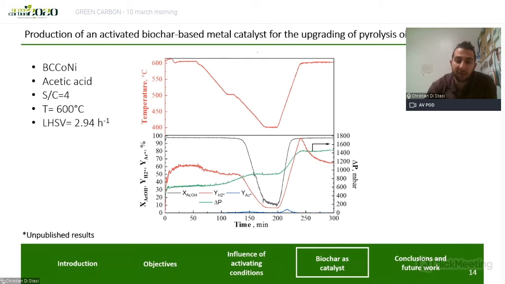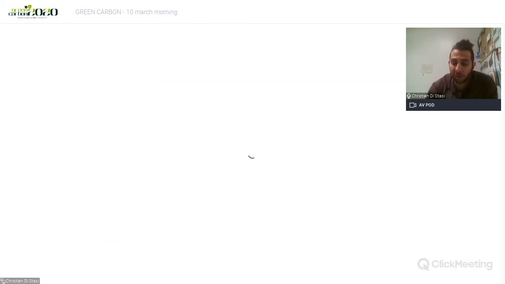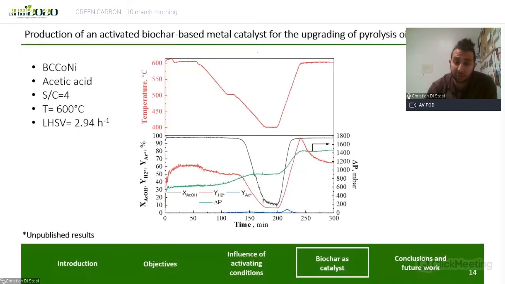But it's noticeable to see the peak generated for the hydrogen yield and the acetone yield, which were not linked to the improvement of the conversion. So we supposed that these peaks were related to previously adsorbed acetone and hydrogen, which were desorbed during the heating step.